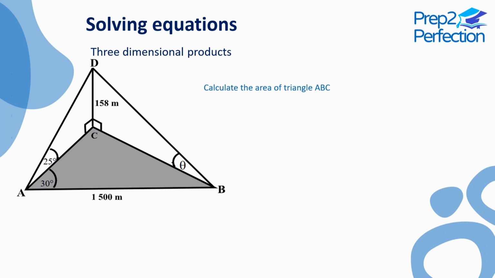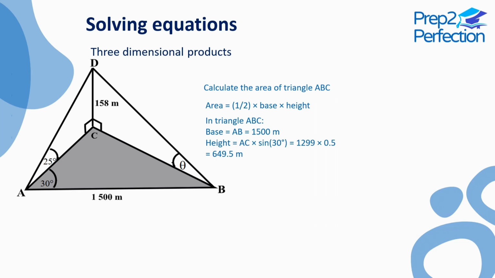To calculate the area of the triangle ABC, I can use the formula area equals one half times base times height. In the triangle ABC, base is equal to AB, which equals 1,500 meters. Height is equal to AC times sine 30 degrees, which equals 1,299 times 0.5, which gives us 649.5 meters.